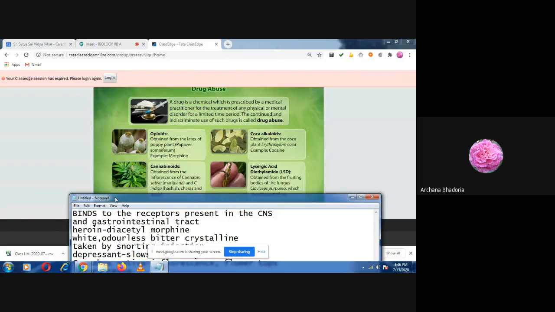It's given, the plant name is Erythroxylum coca. And it is native to South America.